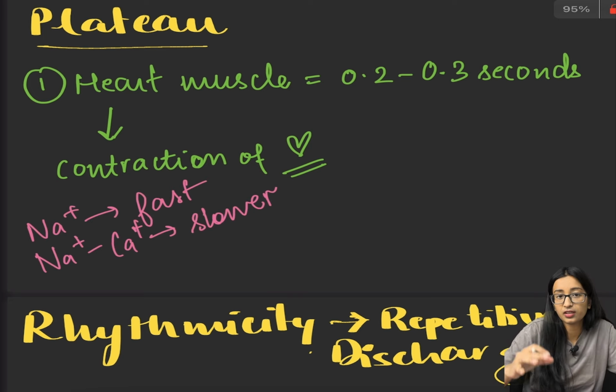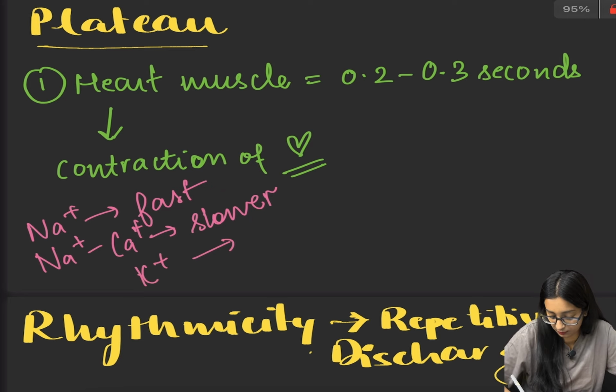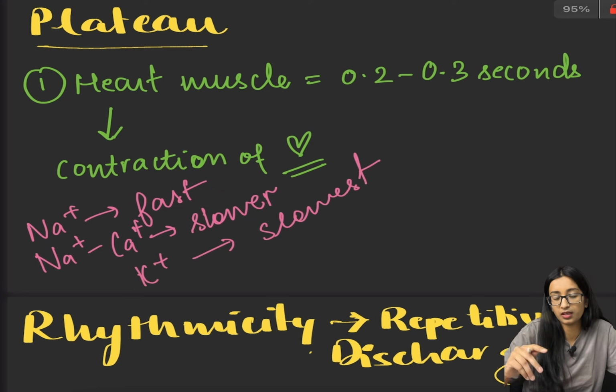And after this, for the repolarization, we have the potassium channels, which are much slower than these. So it is the slowest. Hence, there is a delay from depolarization to the repolarization.